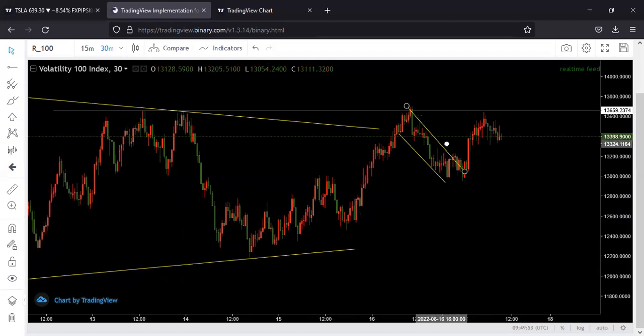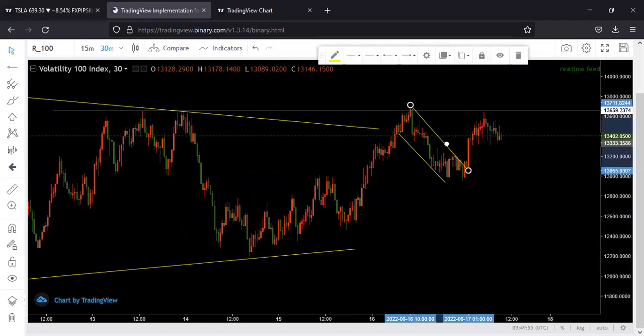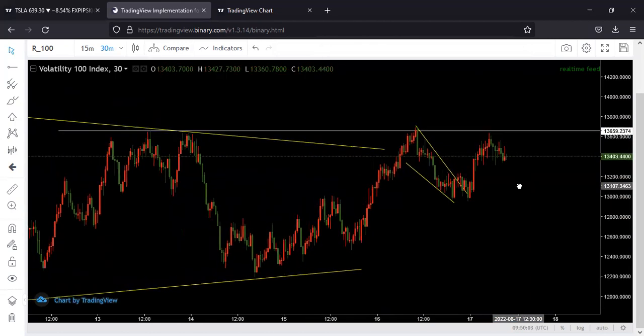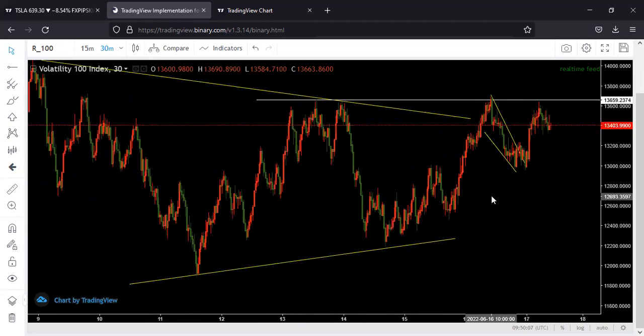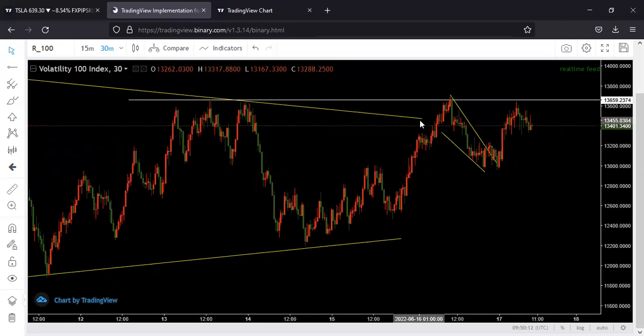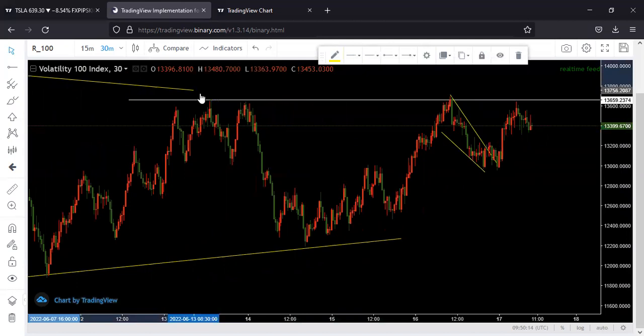Before going on, guys, let us pick our trend line as usual. So you see, I'm going to tweak this and this one. Yeah, like this one. So now, what are we going to do here, guys? We are going to do this one. I'm going to adjust this trend line so that we can have a good picture.